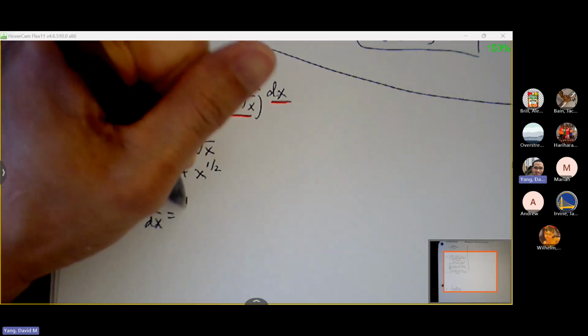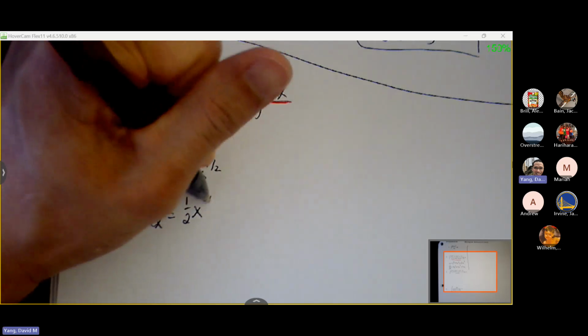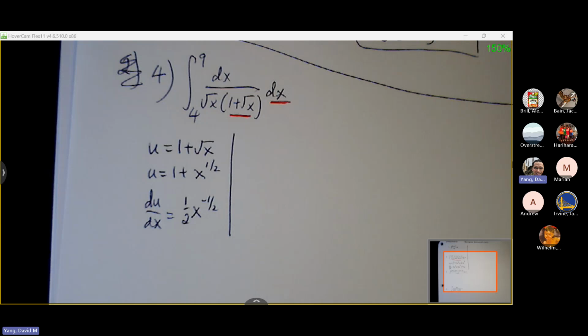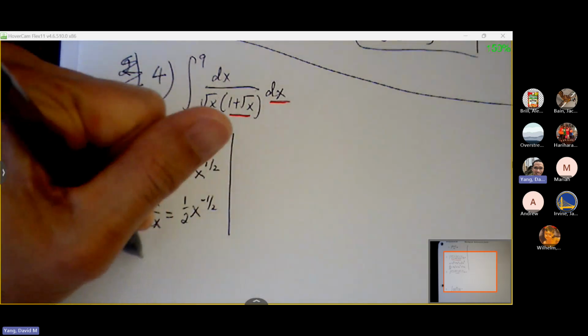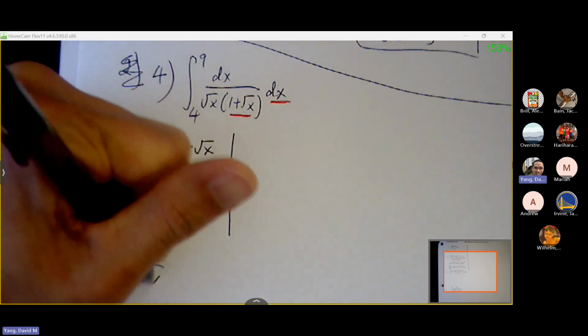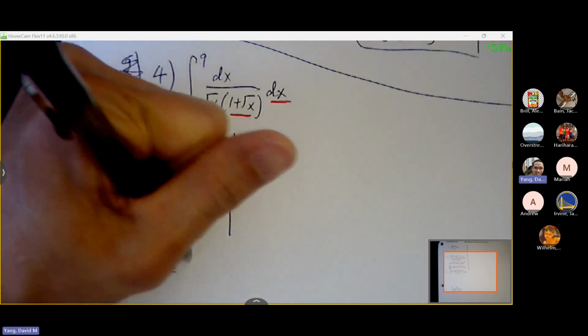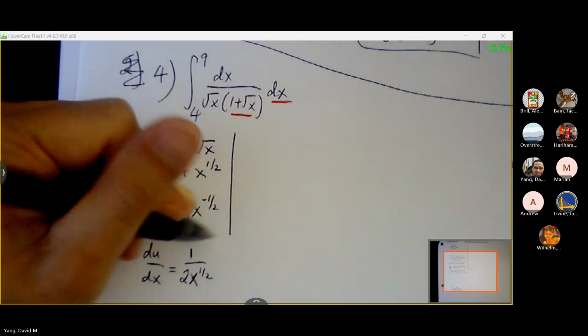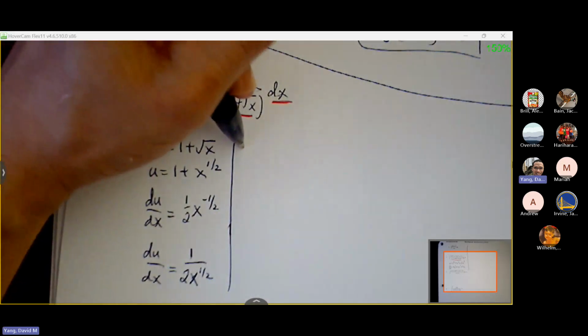X to the 1/2 becomes 1/2 x to the negative 1/2. I'm going to do some cleanup there before I cross multiply. So I'm going to make that x come down to the denominator, make it a positive exponent. It feels a little bit cleaner to work with positive exponents than negative exponents. Now I'm going to cross multiply, solve for dx.